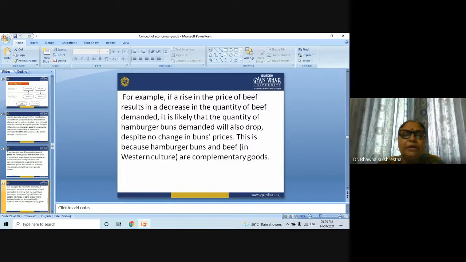This is because hamburger buns and beef in Western culture are complementary goods.